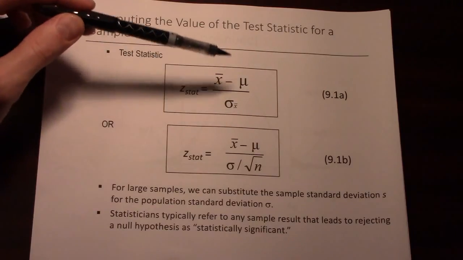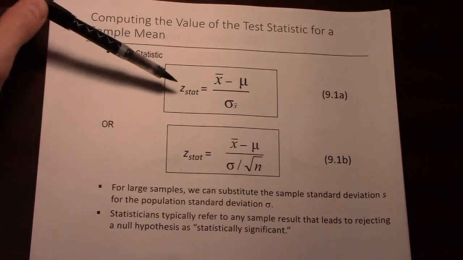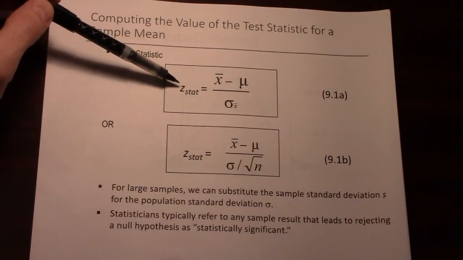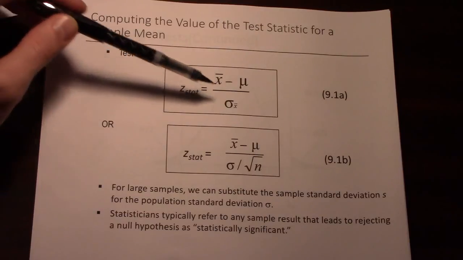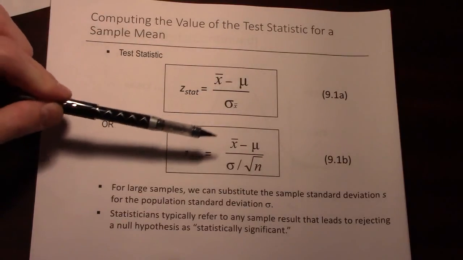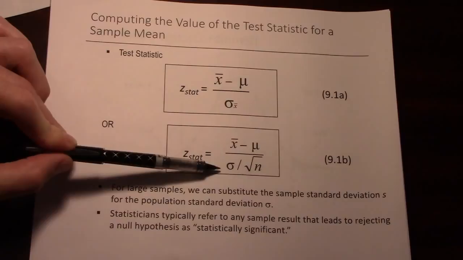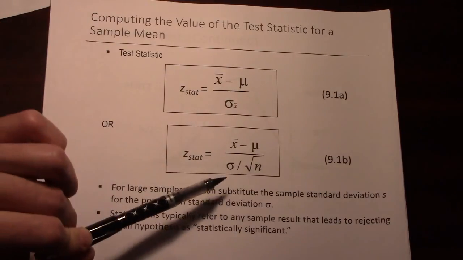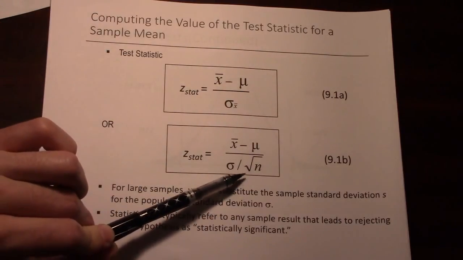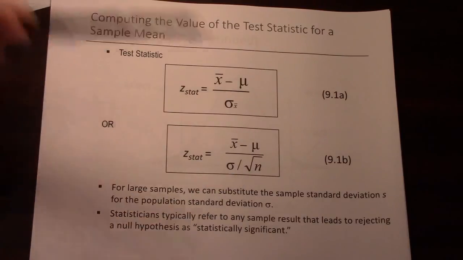So this tells us how unlikely our test statistic is, specifically how many standard deviations it is above the mean. And you will recall that the standard deviation of the sampling distribution of the sample mean is the population standard deviation divided by the square root of n.